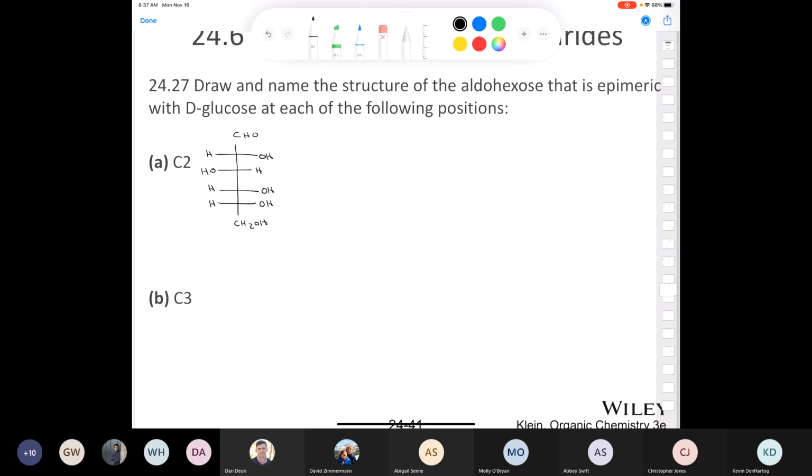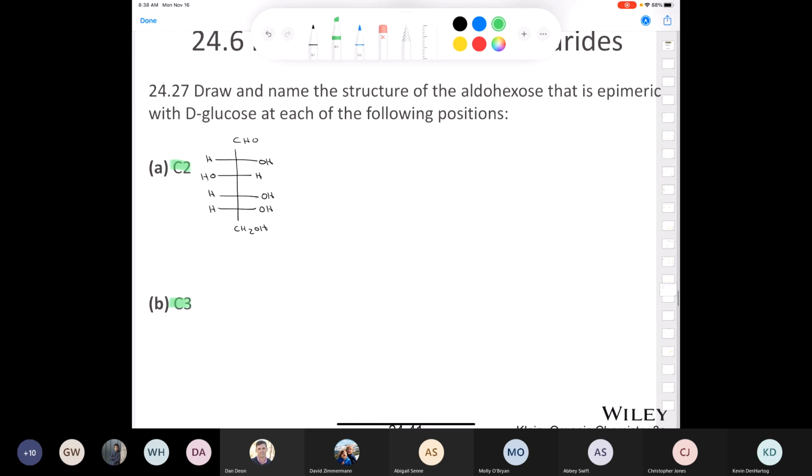And since we're asked to draw the epimer at both carbon 2 and carbon 3, let's number our carbons. So we start with the most oxidized as being carbon number 1. So that's 1, 2, 3, 4, 5, and 6. And if we want to epimerize at carbon number 2, that means we're just going to reverse that chiral center, right?